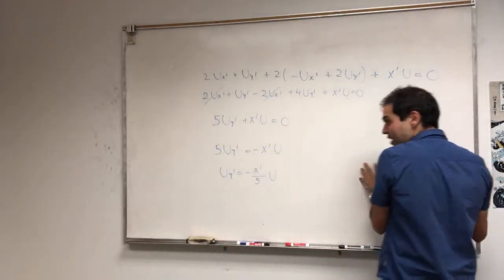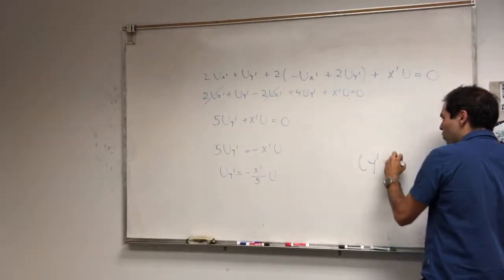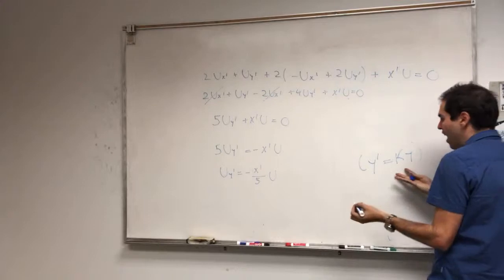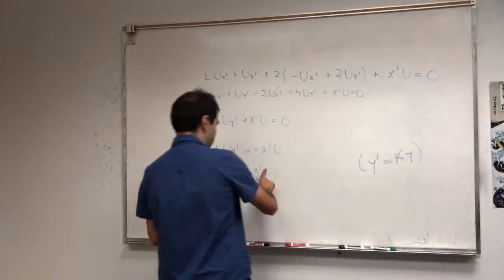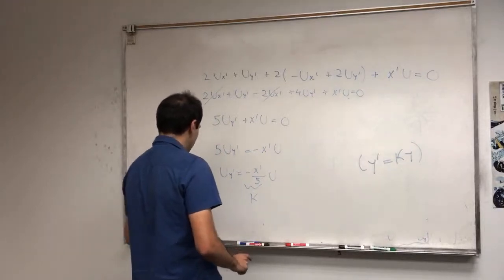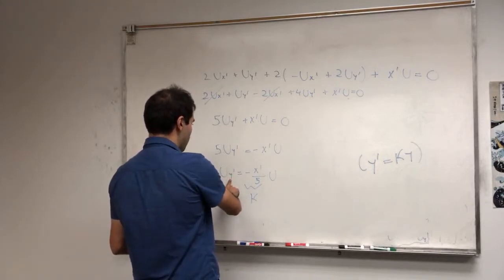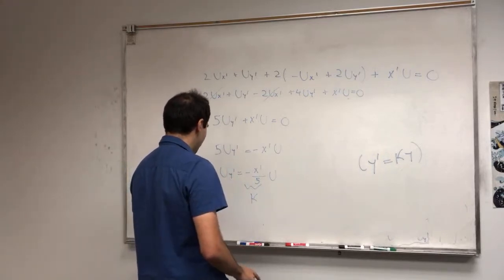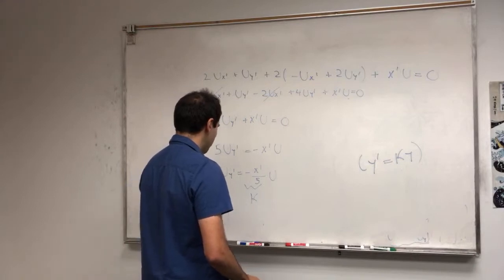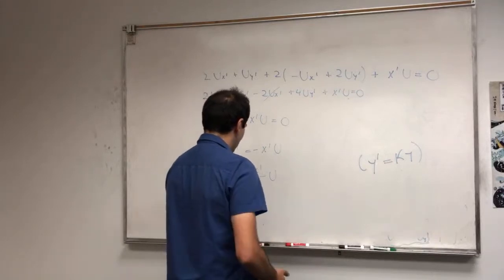This is really the same as the ODE from Math 3D, y prime equals ky, with a new k here. So what this tells you is that u equals a constant with respect to y prime, so any function of x prime, times e to the minus x prime over 5 times y prime.